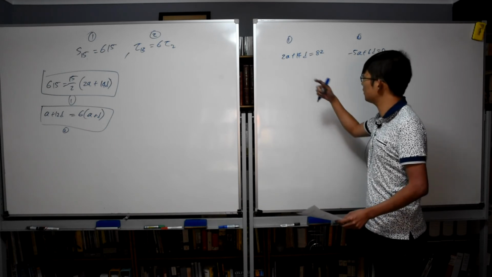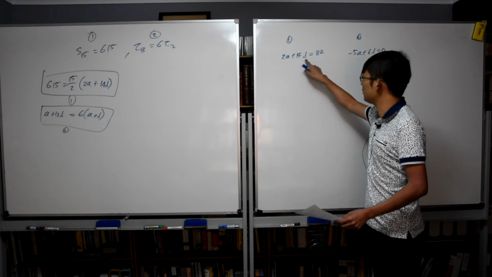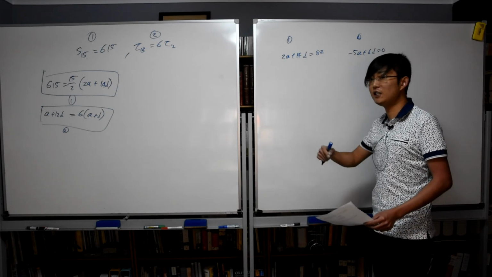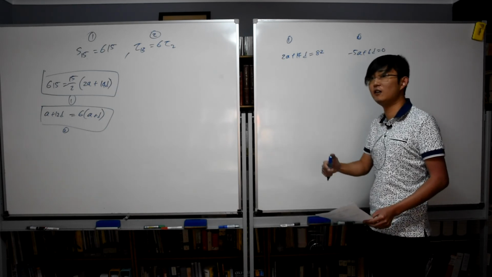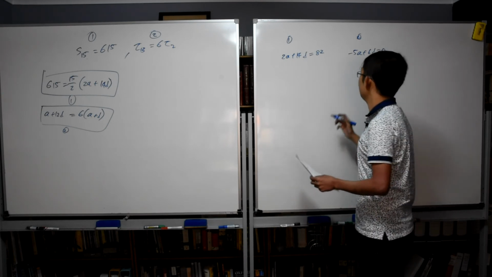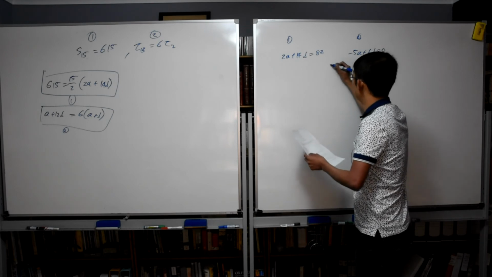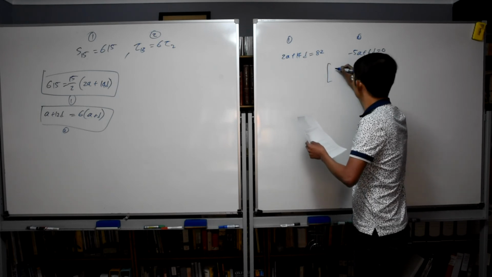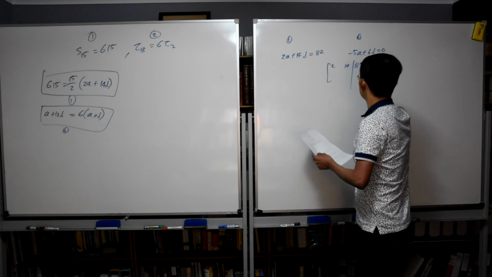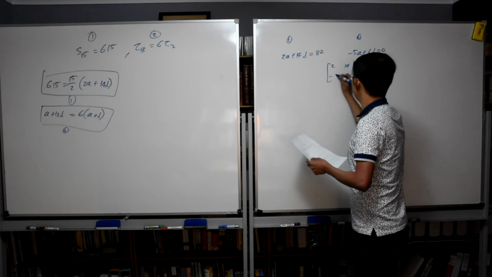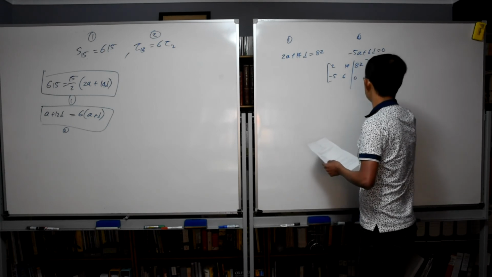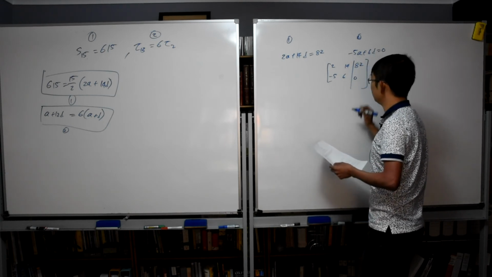Because it's always a constant common difference being added on, I would suggest you should use elimination. If we were to put this into our augmented matrix, 2, 14, 82, and minus 5, 6, 0, I'm just putting the coefficients down.